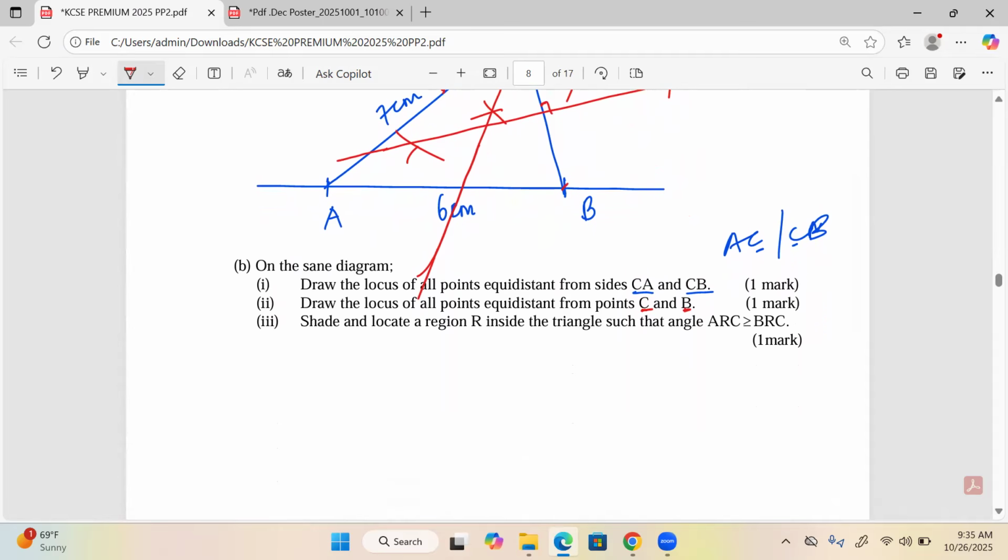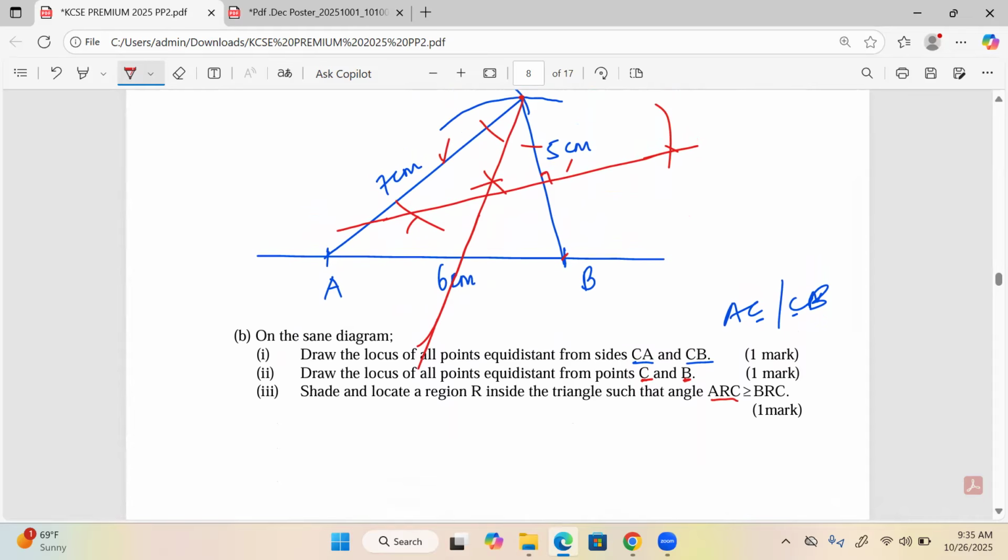Now shade and locate region R inside the triangle such that angle ARC is greater than or equal to angle BRC.